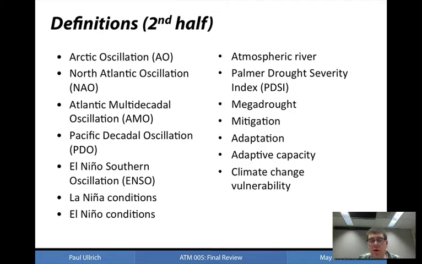The El Niño Southern Oscillation we spent a lot of time on because of the close connection that it has with weather in North America. The El Niño Southern Oscillation corresponds to two modes, the La Niña or normal condition mode and the El Niño or warm condition mode.